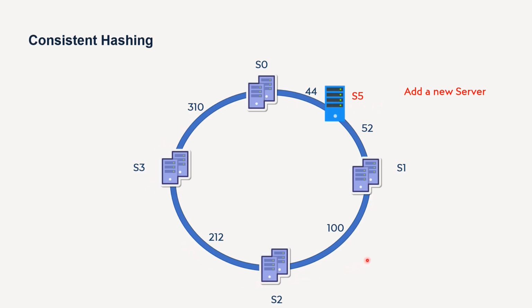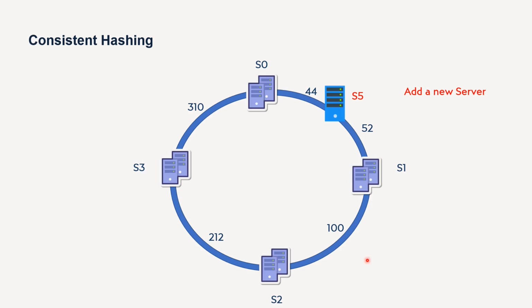This is the beauty of this algorithm: the shuffling of keys happening because of adding a new server is limited. It's not that there is no shuffling or no extra reads and writes happening, but they are at a very low number.